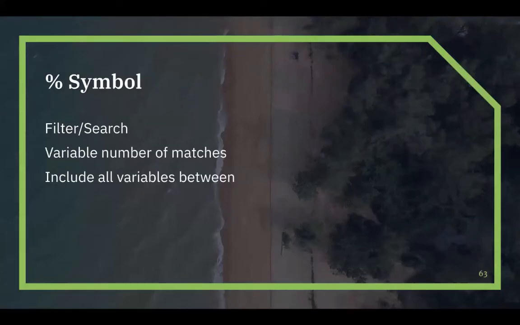So for example, we have the % symbol. Within the filter search section, the % symbol helps us find a variable number of matches. So anything between A and M, it includes all those variables in between to find your search.